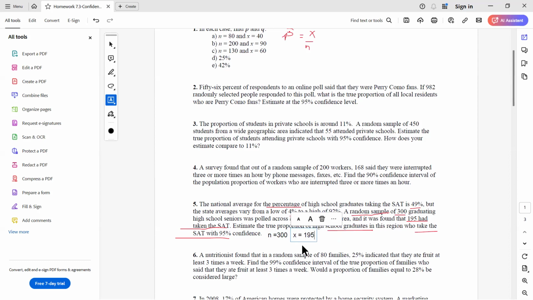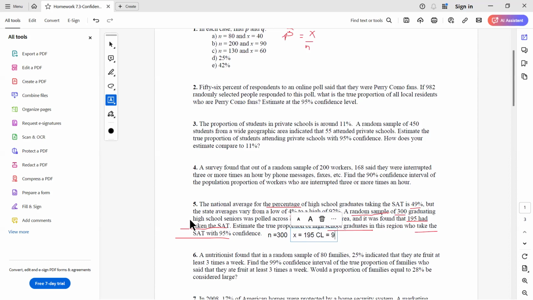And it says that we're looking for 95% confidence here, okay? So my confidence level, CL, is 95%.